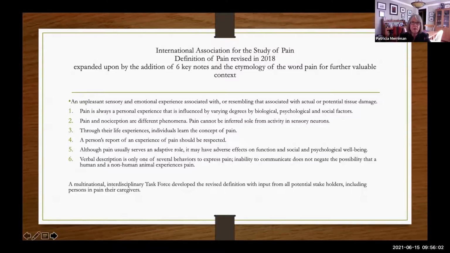Pain is an unpleasant sensory and emotional experience associated with or resembling that associated with actual or potential tissue damage. And number one, pain is always a personal experience that is influenced by varying degrees by biological, psychological, and social factors. So an important understanding about pain is that it is a perception.